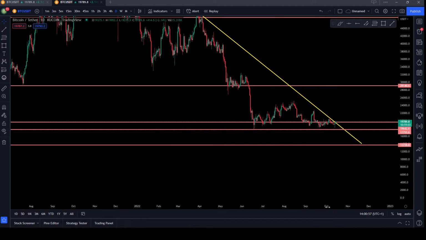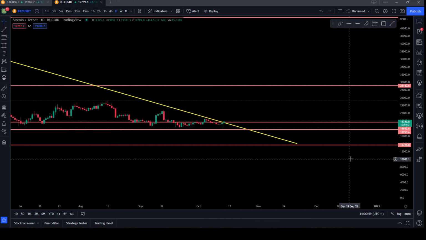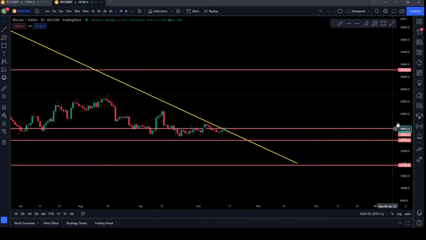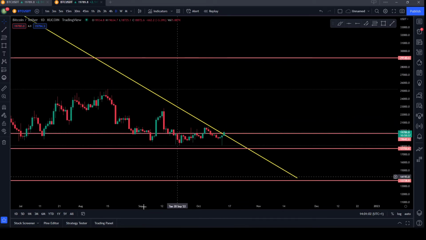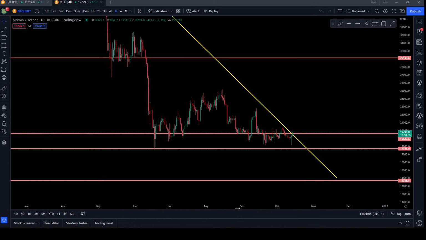So what are we expecting? Just as an example, where we are. Right now we're breaking outside of a pattern, aren't we? So we're breaking out. We've already broken outside of this descending support line, or resistance line rather.